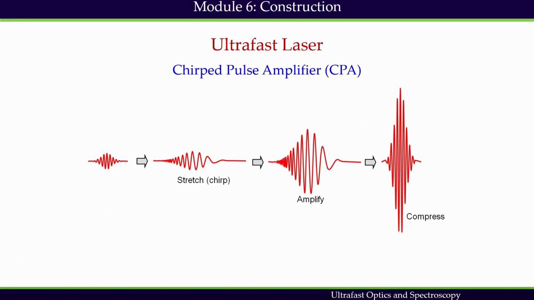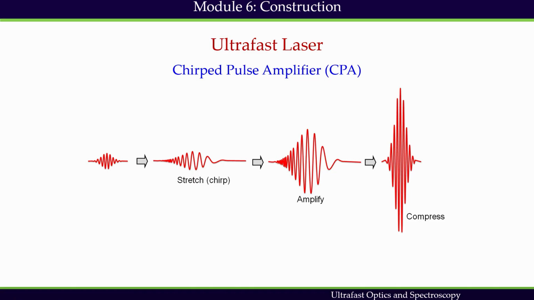How can the deleterious effects of high peak power be avoided during amplification stage? Nearly all high power ultrafast laser systems make use of the technique called chirped pulse amplification, CPA. What does it mean? It has 3 steps.